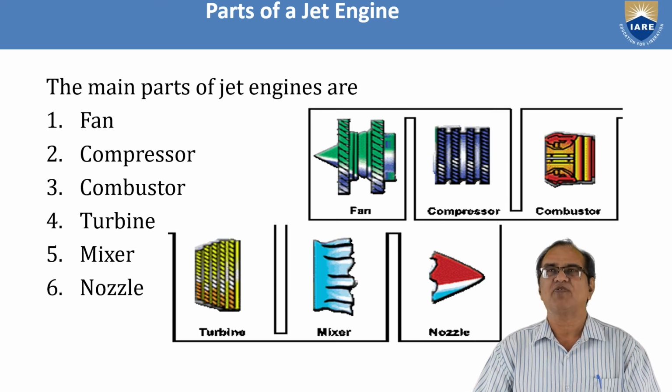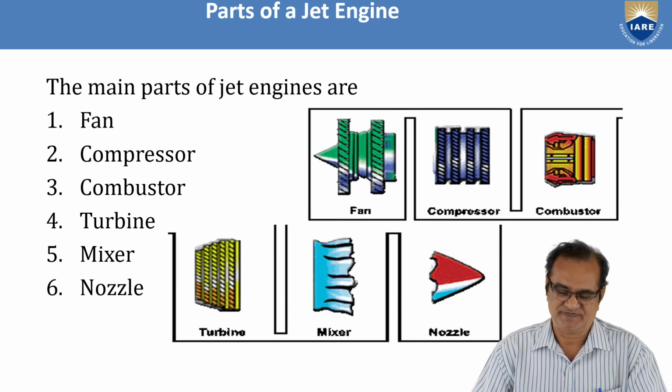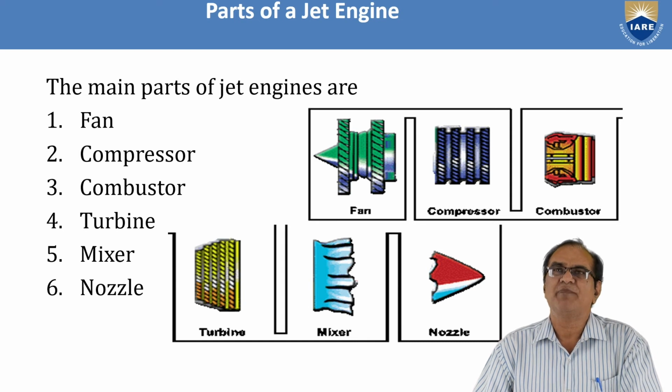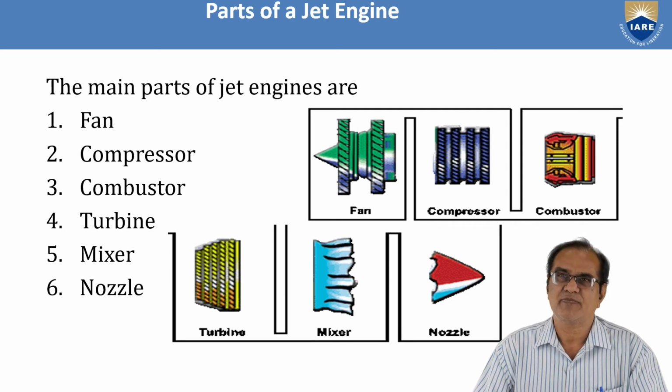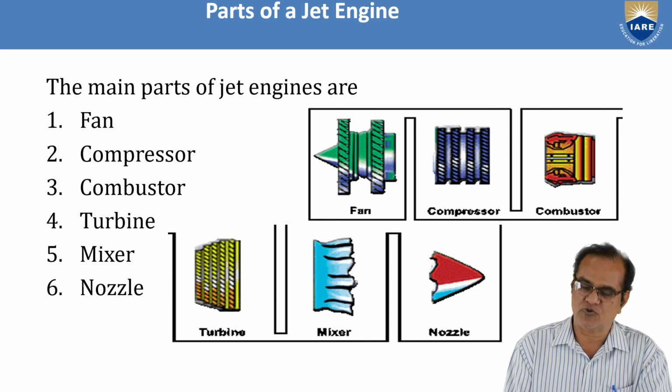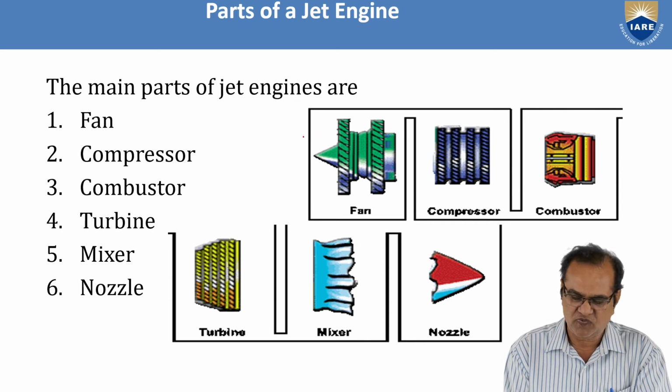Now I will talk about the parts of the jet engine. The main parts of the jet engine are fan, compressor, combustor, turbine, mixer and the nozzle. All these 6 parts I have shown here. First is your fan.